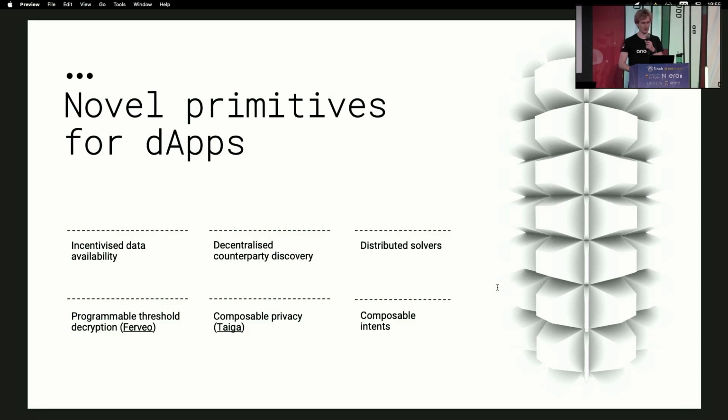For the benefit of time, I'm going to quickly skip over these. You get a bunch of novel primitives. You get Tiger for composable privacy, you get Fairview for programmable threshold decryption, which actually enables you to do programmable batching on chain. So think something like CowSwap, but fully decentralized, where users encrypt their individual intents against the shared public key of the system.